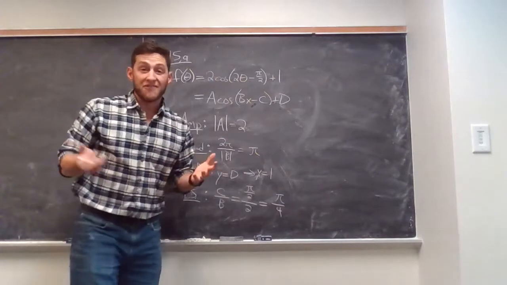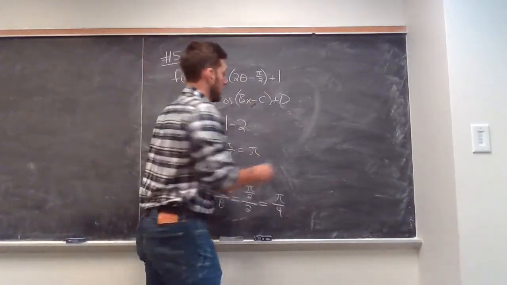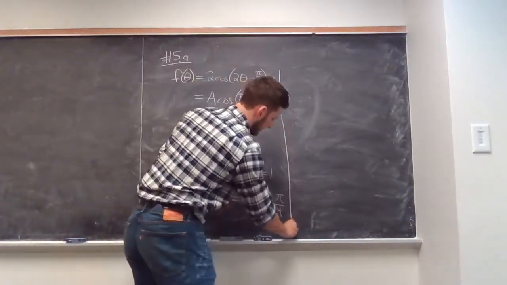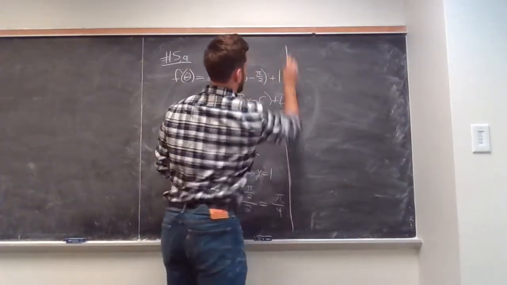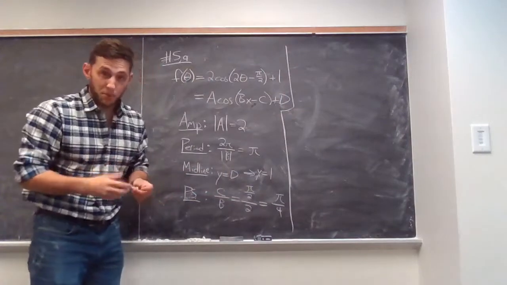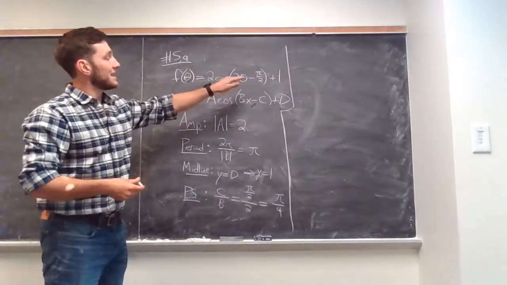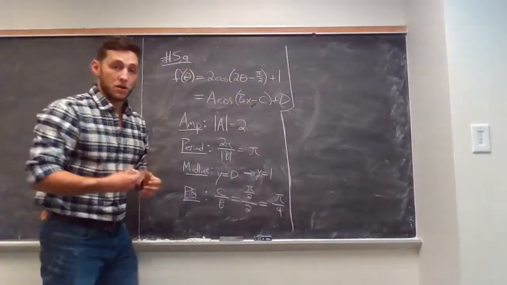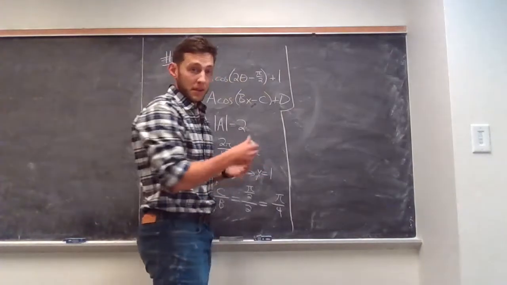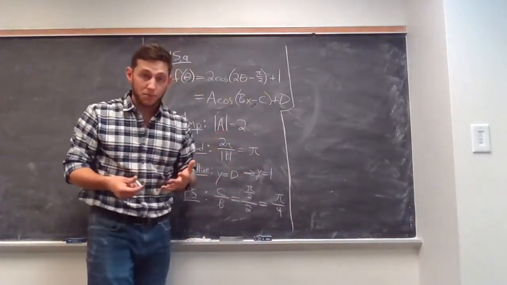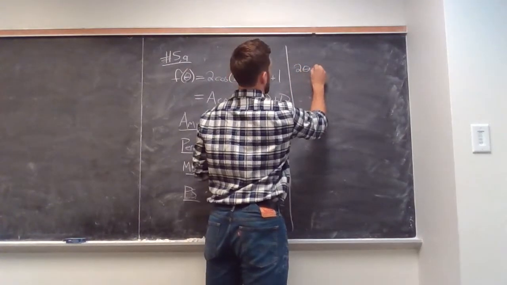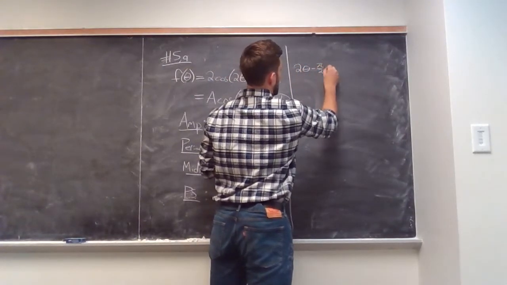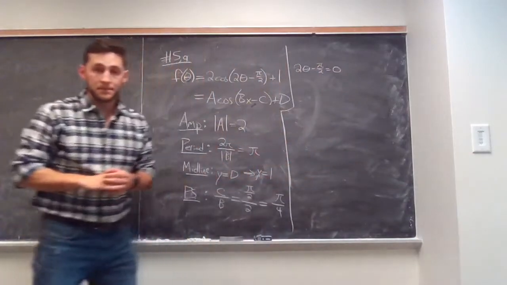So I'm going to go through the 5-point method. I'm going to gather my 5 points over here. The first point, x1, comes from when the inside equals 0. If you don't remember the formula, you can solve for the first point by setting the inside of cosine, 2 theta minus pi over 2, equal to 0.